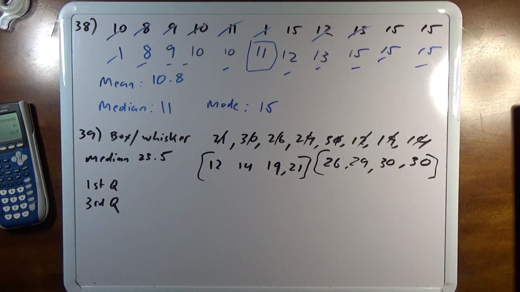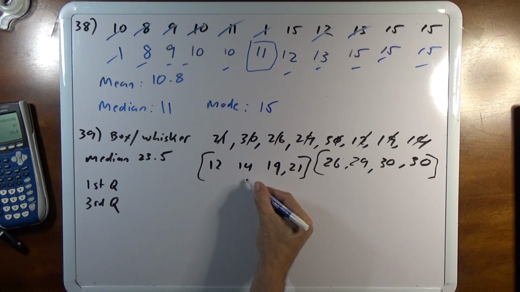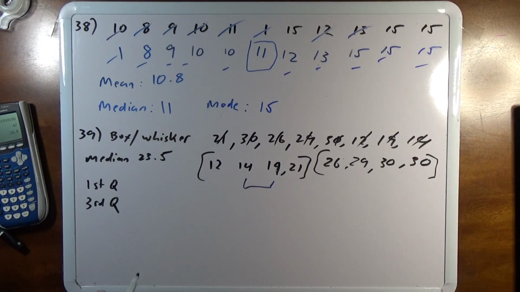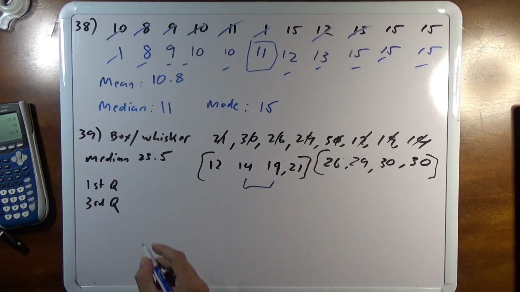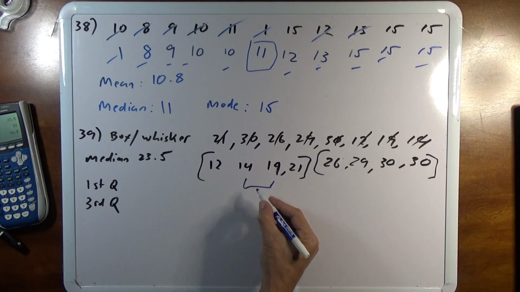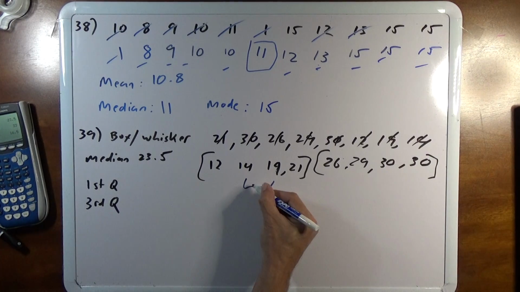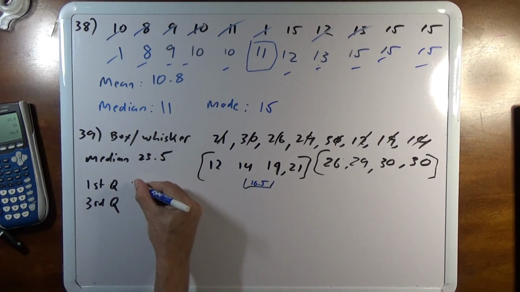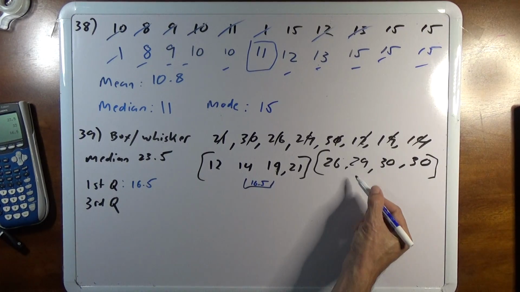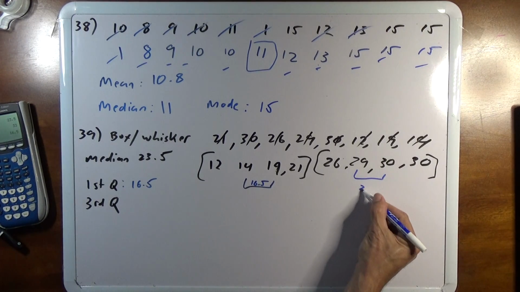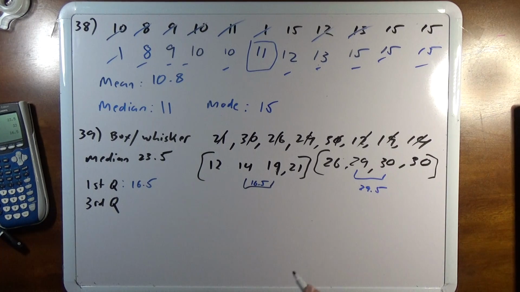And then I'm going to average these two to find the median. Add them up, divide by 2. So the median of these two numbers is 16.5. So that becomes the first quartile. And the median here is 29.5.